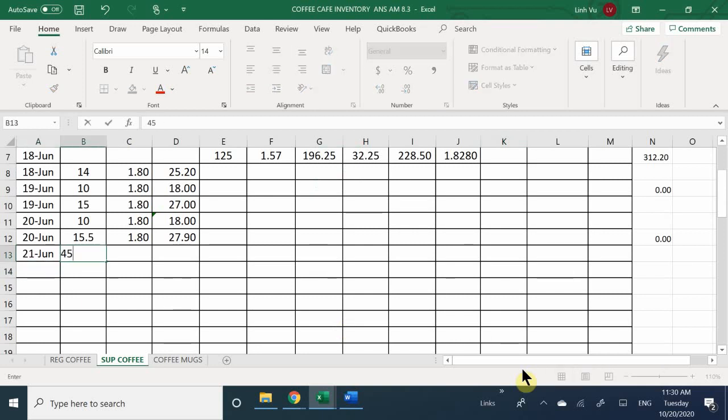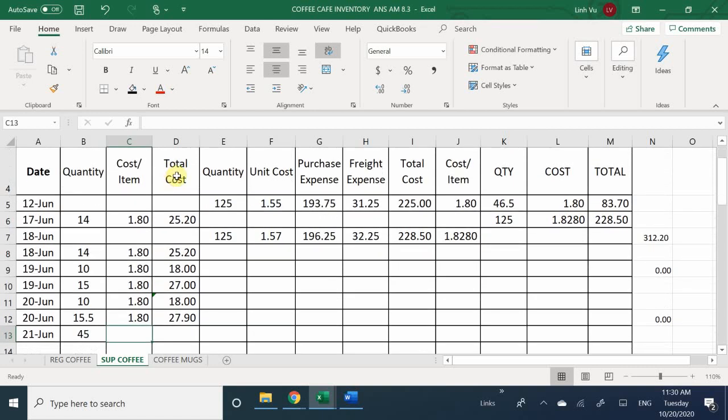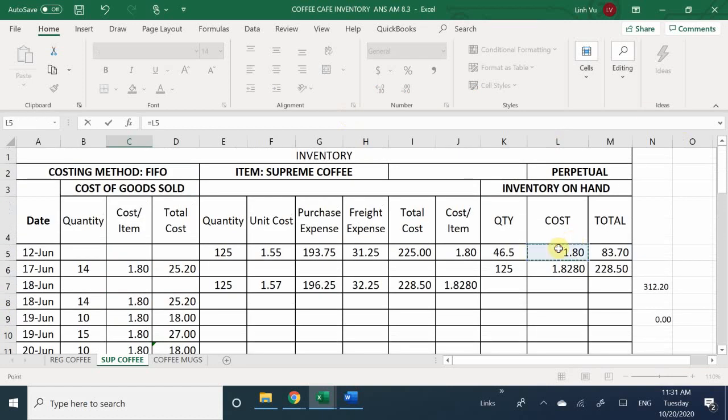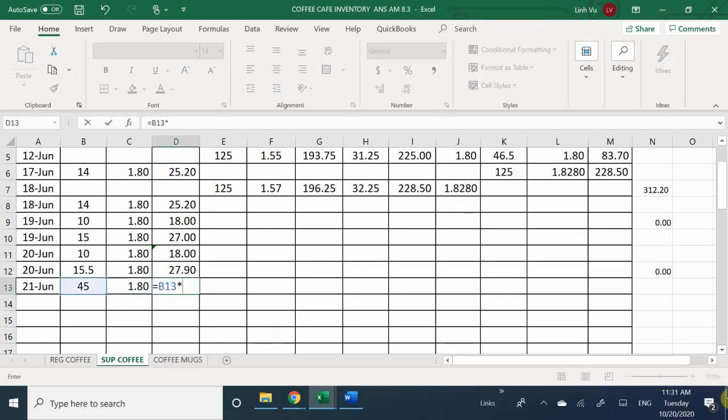So 45 pounds. All right. Let's look at our batch up here. Do we have enough to sell 45 pounds? Yes, we do. 61 pounds. What's my cost per item going to be? 180. Let's multiply that across. And what do we get? $81 even. So we're going to update our inventory.